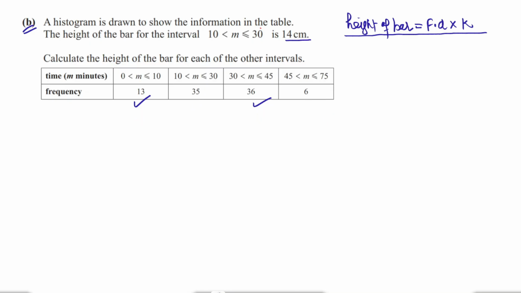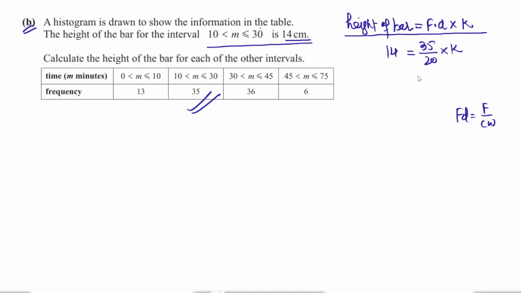And let us find the k first. How do we find it? Here, the height of the bar is given as 14, so we plug in 14. And what is frequency density? Frequency density is given by frequency upon class width. The frequency of this class is 35, and the class width is 30 minus 10, that is 20, into k.